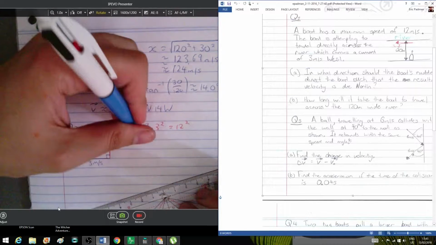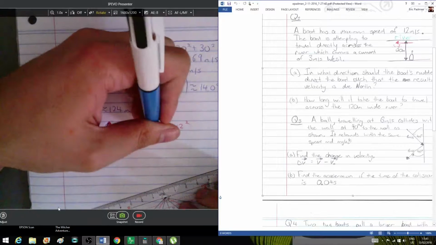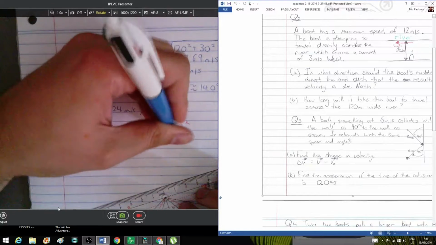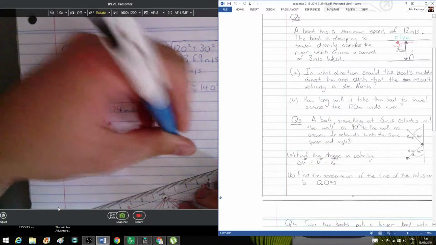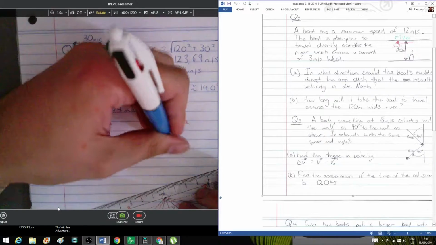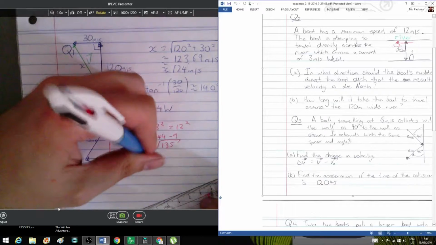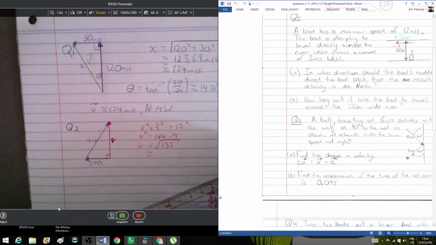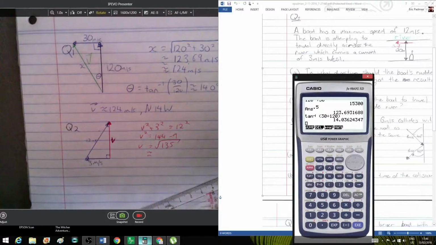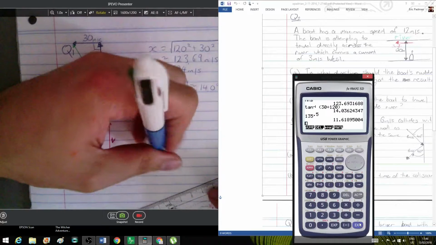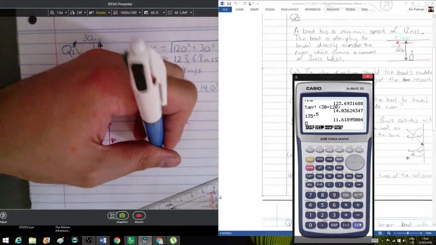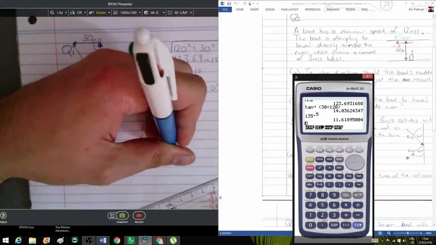So rearranging that, the velocity is approximately 11.62.